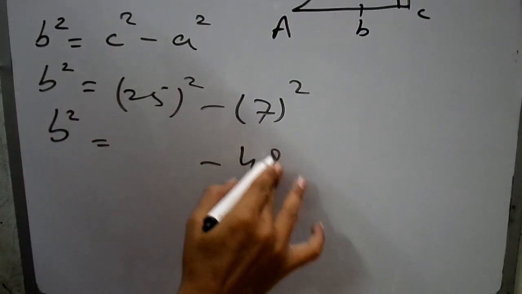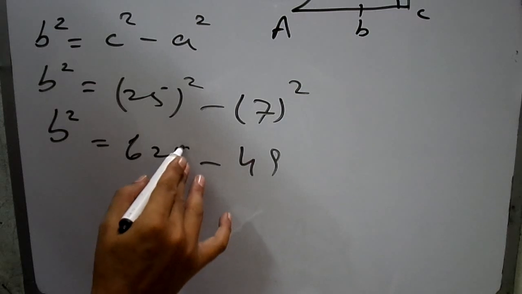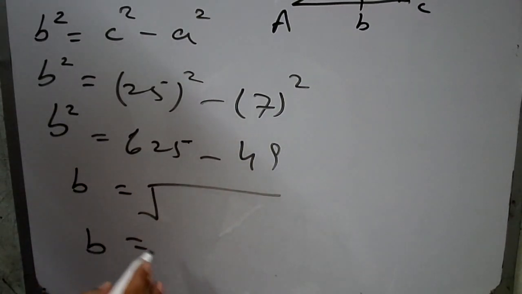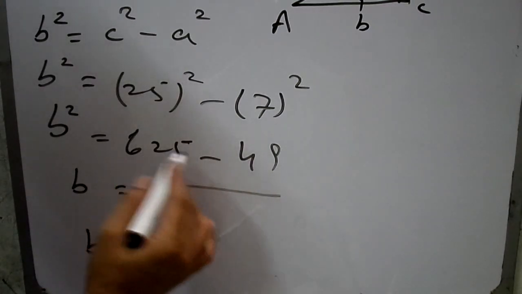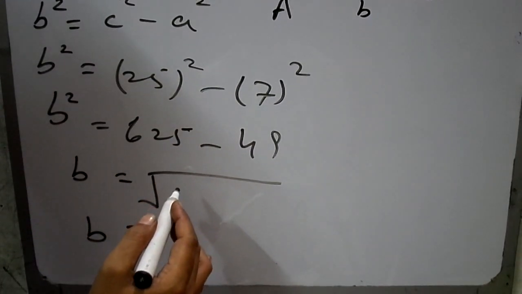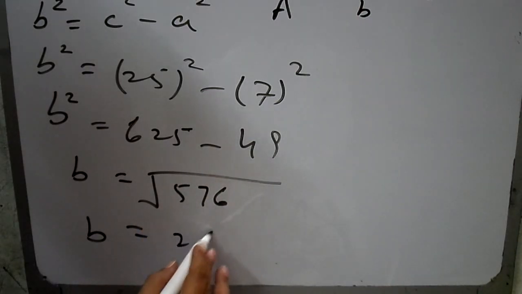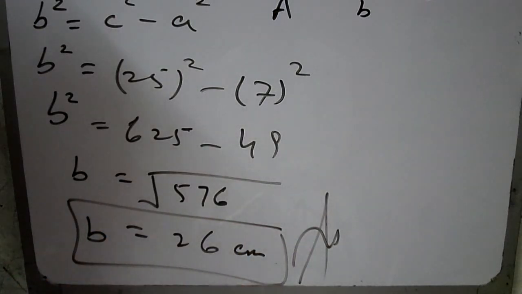So simplify it using calculator, 625 minus 49, you will get 576. So in this way you will get 24 centimeters. So that is your answer.